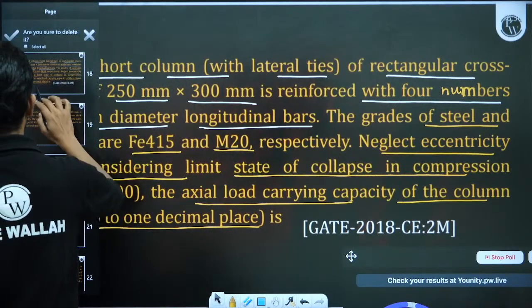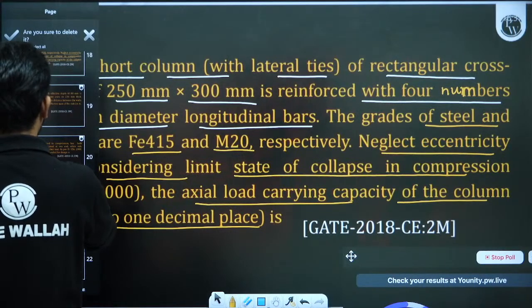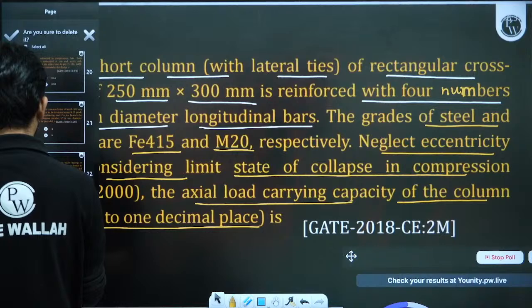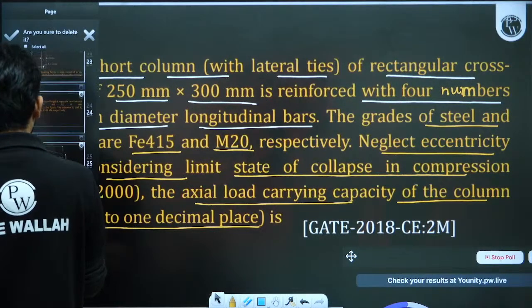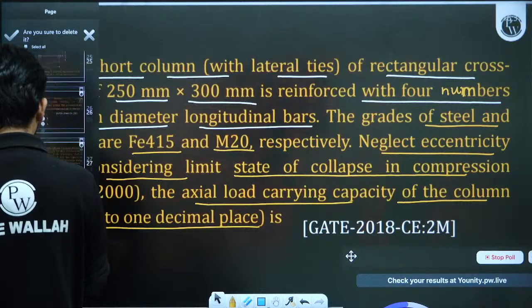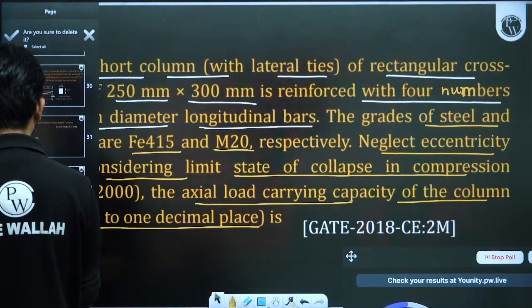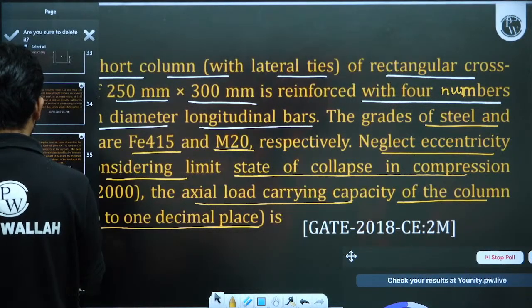After this we will do one more question of pre-stress concrete also. For 2024 questions, I have given the solution directly. Whatever questions they have asked in 2024, you can take the solution directly.